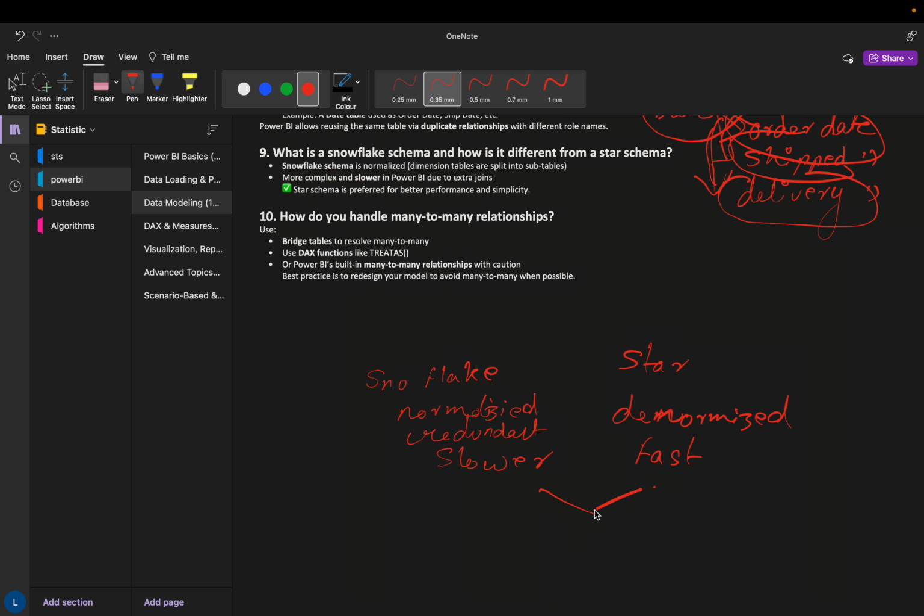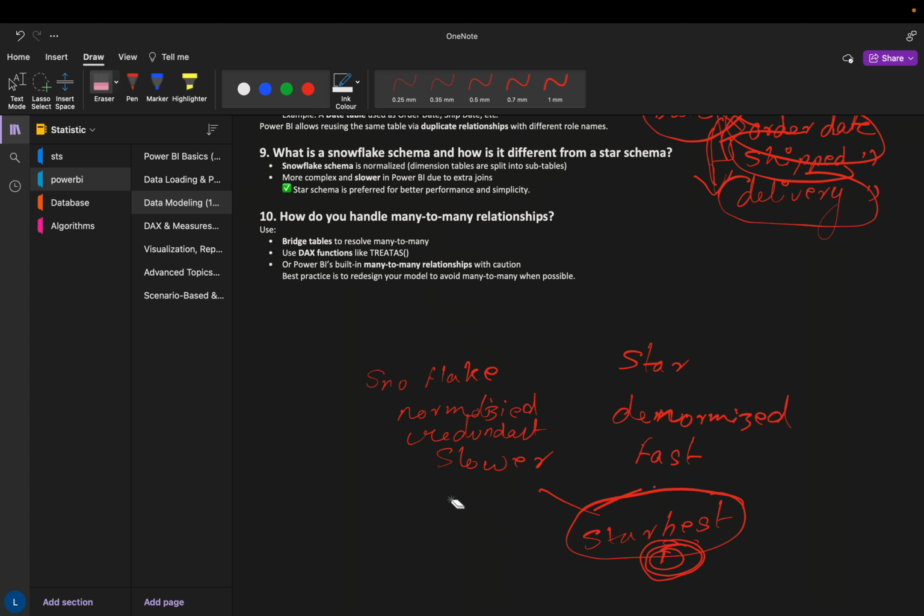Overall we prefer the star schema as the best, because it makes our query performance faster, since it is not redundant. It is denormalized and helps our query performance in comparison to the snowflake schema.